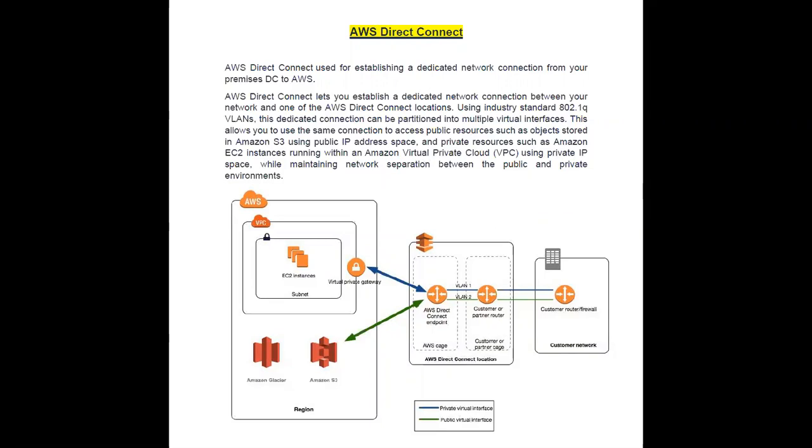Let us assume we have two LANs interconnected through a switch. There you will get 1 Gbps or 10 Gbps speed. So is it possible to achieve 1 Gbps and 10 Gbps speed over the internet? Yes.